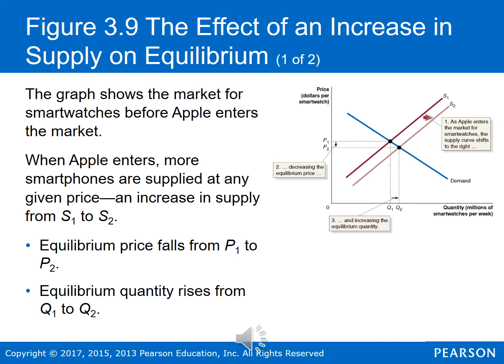So there's an increase in supply, and the curve moves from S1 to S2. Now what this does, the equilibrium price falls from P1 to P2, and the equilibrium quantity rises from Q1 to Q2. So the effect of a shift in supply to the right, so an increase in supply, is that the equilibrium price is going to fall and the equilibrium quantity is going to rise.